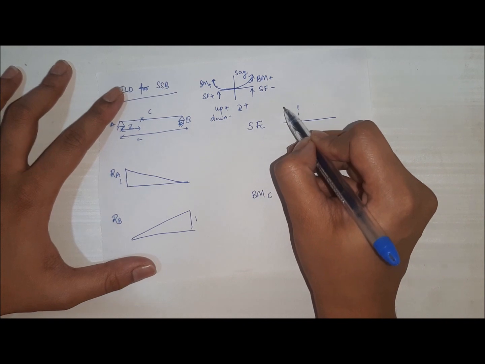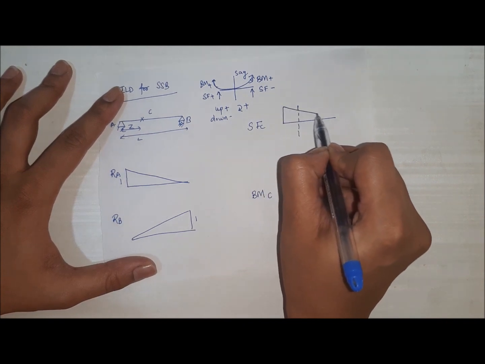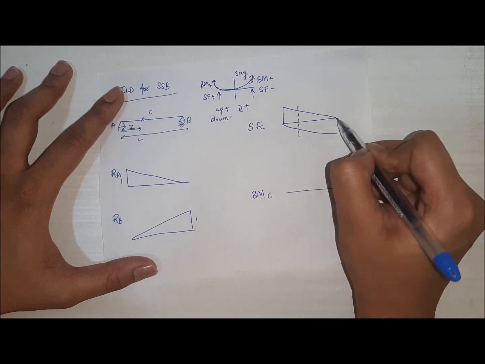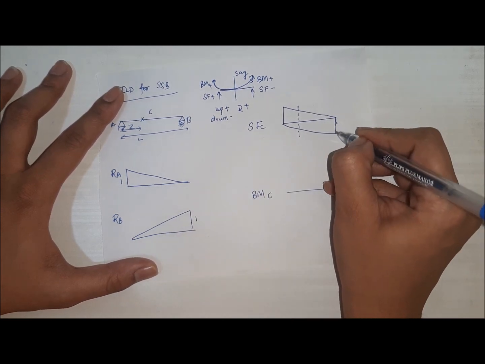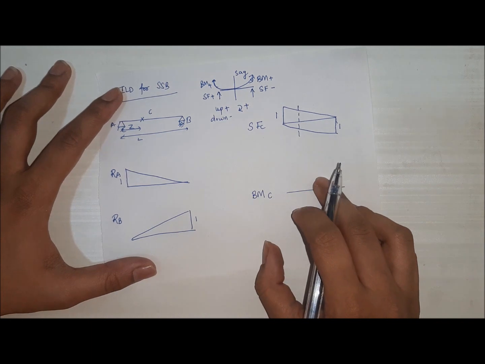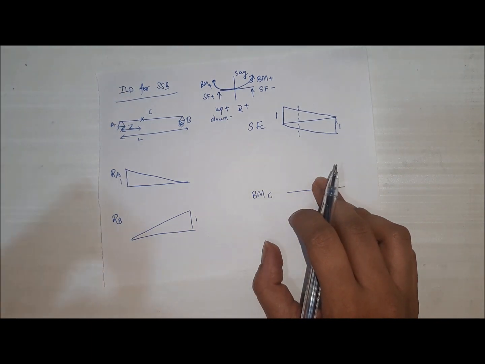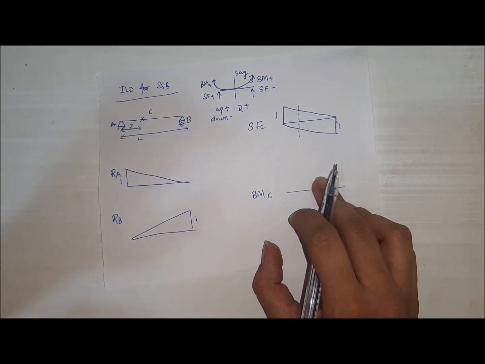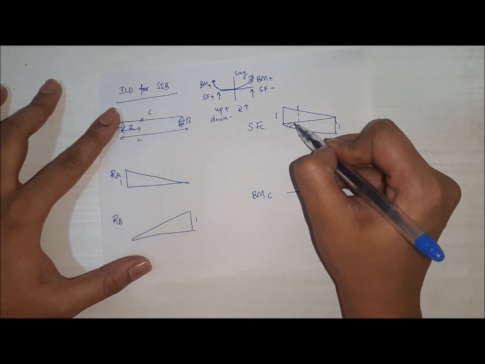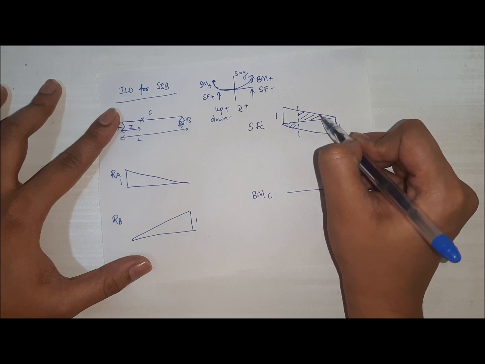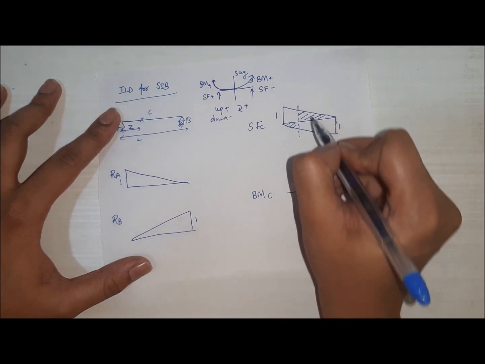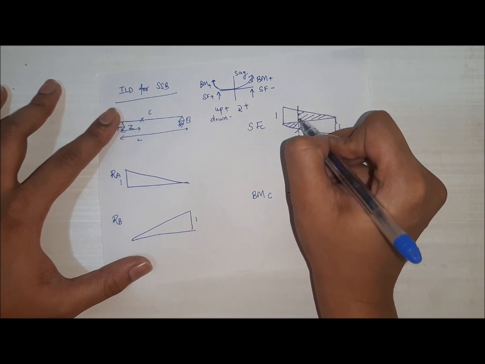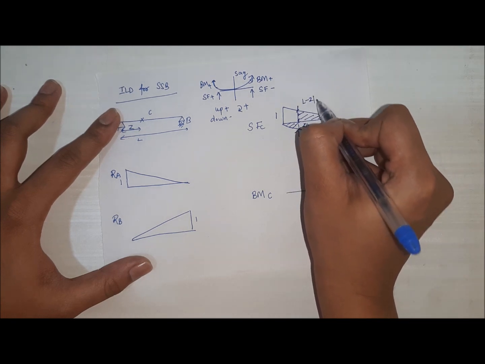For RA, the figure will be drawn as it is, and for RB, we will negate the figure. Now, as the section is getting torn at point C, A and B are in their own position. So, this is our resultant shear force ILD. And the ordinate is Z by L, and here the ordinate is L minus Z by L.